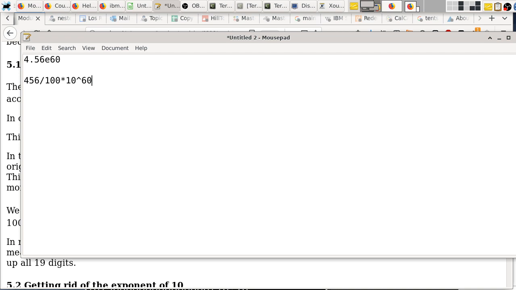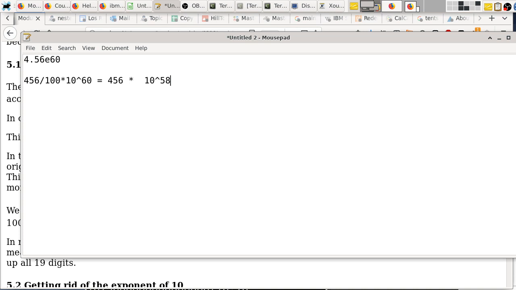That's actually not too bad, because now we can say this is really 456 times 10 to the power of 58, because 10 to the power of 60 divided by 100 is 10 to the power of 58. Is that okay? You do have to remember some of your math related to exponents.